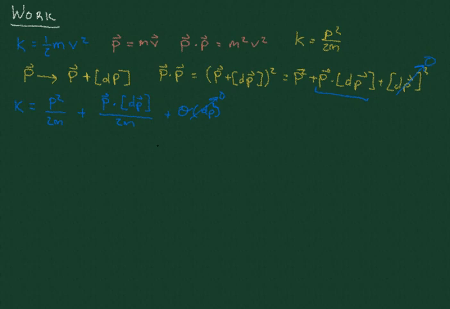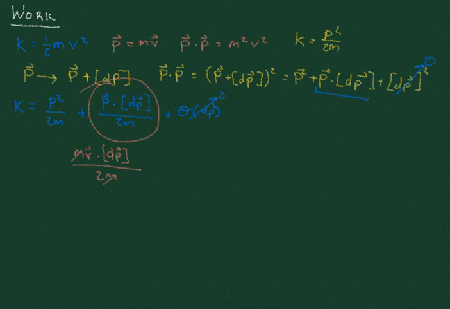Okay, so now let's take a look at what we have left. So remember that momentum is just mass times velocity. So if we look back at this term, we see this is really a mass times a velocity dot our change in impulse over 2m.